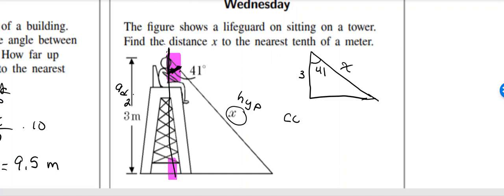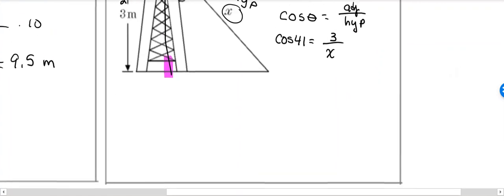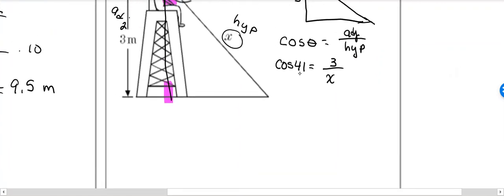So we have cosine of theta is equal to the adjacent side over the hypotenuse. So in our case, we have the cosine of 41 degrees is equal to the adjacent side, which is 3, over the hypotenuse. Now, anytime we get our x's in the denominator, it does require just a little, 1 second of more work.